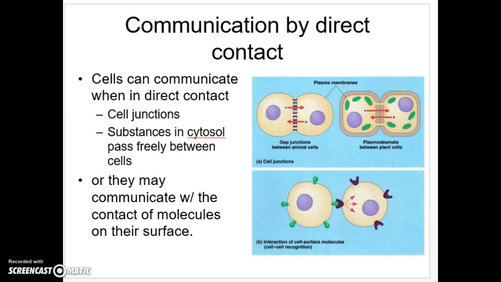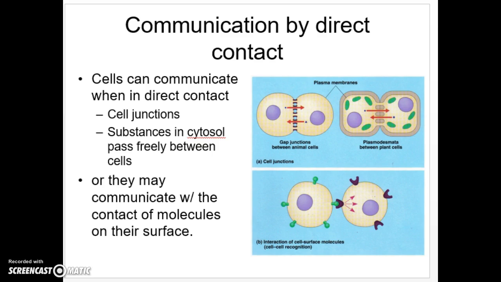That's called contact inhibition. So, for example, as cells are going through mitosis and multiplying, when there are enough of them together, there's contact inhibition that tells them stop dividing, stop making new cells. So this is an important thing.